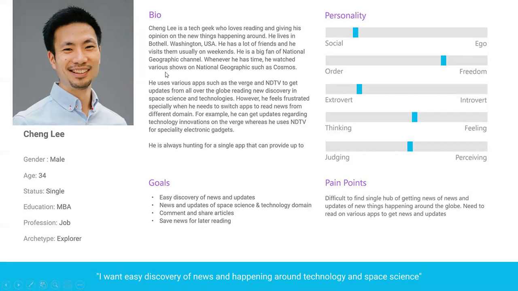Even in here we can say these people are pretty much socialized, prefer freedom, more extrovert than introvert, and so on and so forth. And we have gender, male, age, status, education, profession, and so on and so forth.